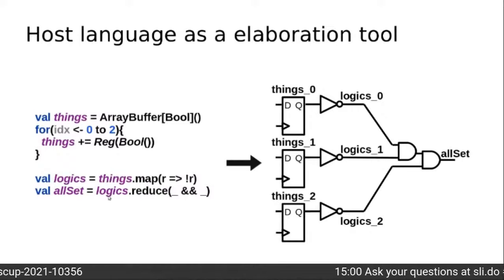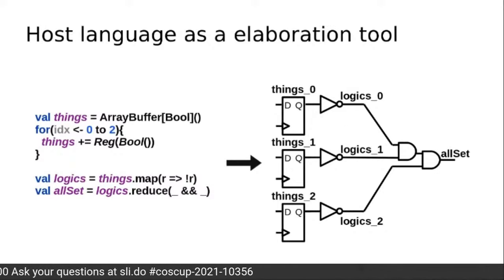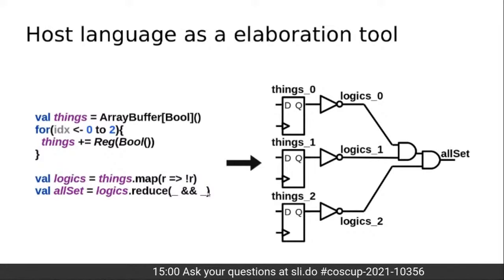Another example of that is when we want to check if all of those values are true. We can take our array of logics and use the concept of reducing it to a single element by using this reduction function.